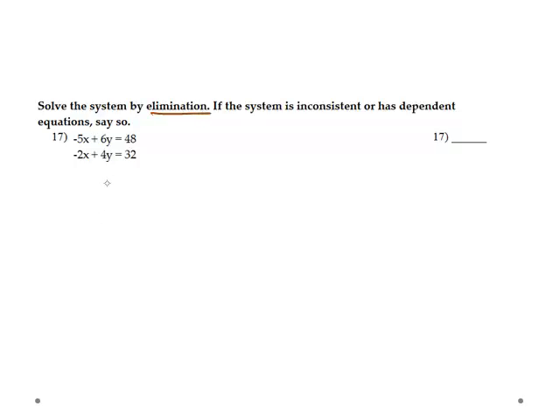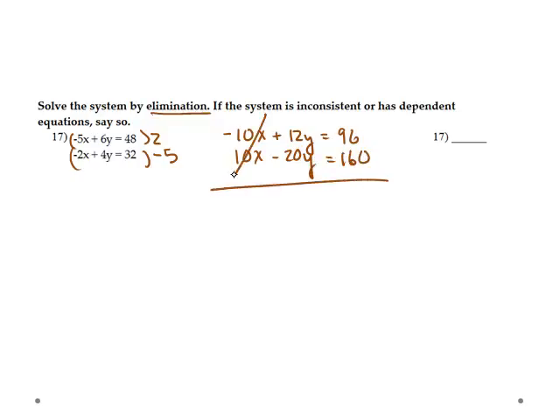By elimination, we can eliminate the x's by multiplying the top equation by 2 and the bottom equation by negative 5. So we get negative 10x plus 12y equals 96, and 10x minus 20y equals 160.